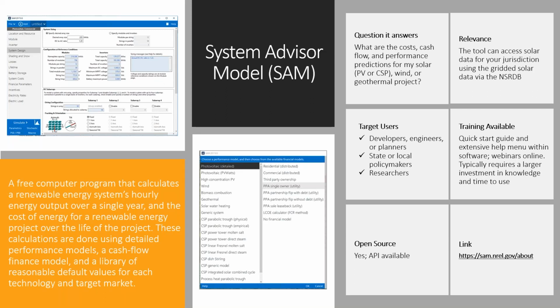to get some sense of your generation potential and the financial models. SAM, however, is pretty sensitive to different kinds of defaults. So if you're using it for larger system modeling, you want to be careful not to just take the financial outputs at face value. SAM has hundreds of different specific technologies and system components, like different types of module manufacturers, et cetera.